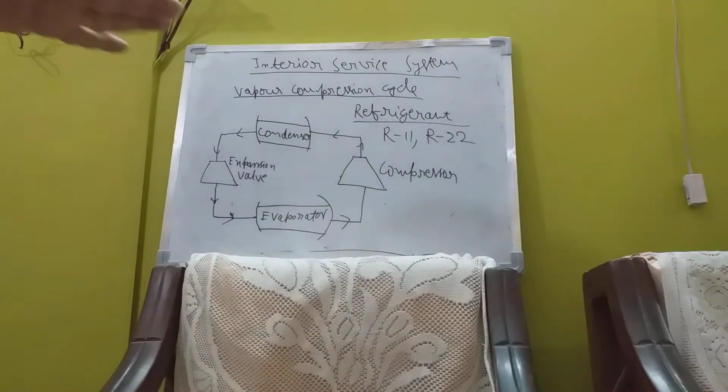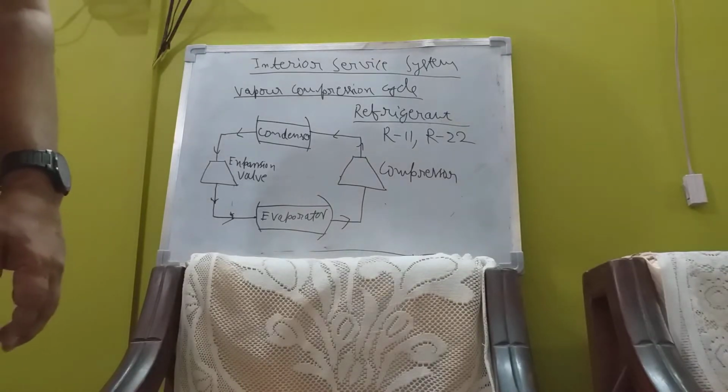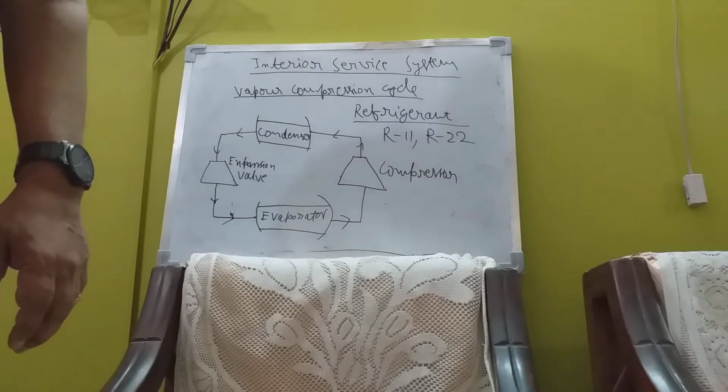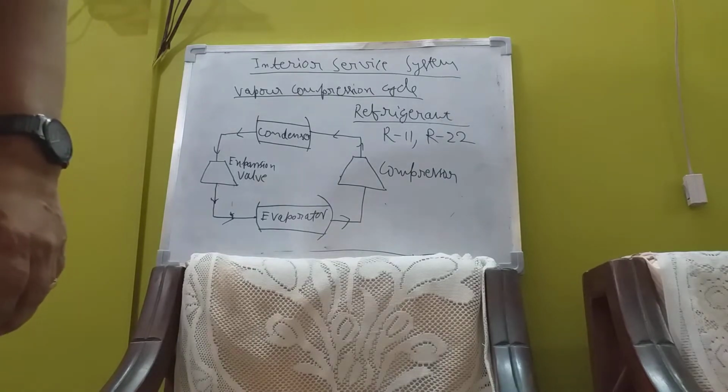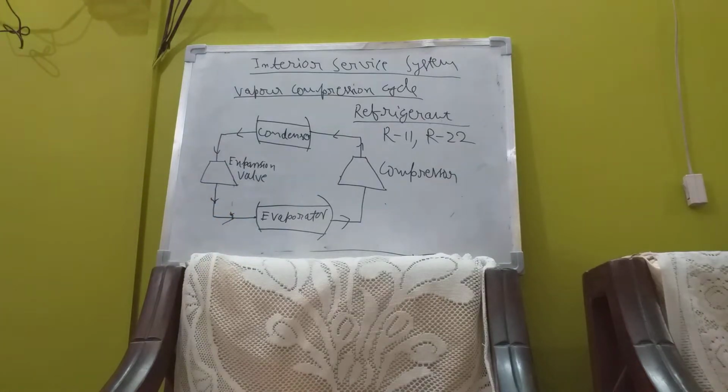There is another example. When you get sweating in the daytime, in summer, during monsoon you will get more sweating. When you go before a fan, you feel a chill effect. Why does the chill effect happen? Because the sweat gets evaporated.